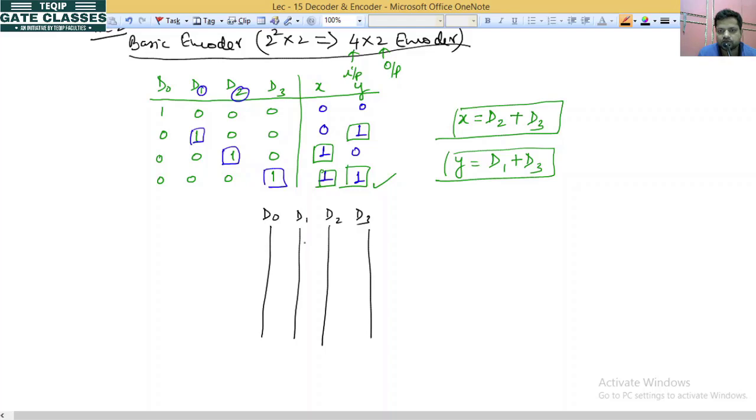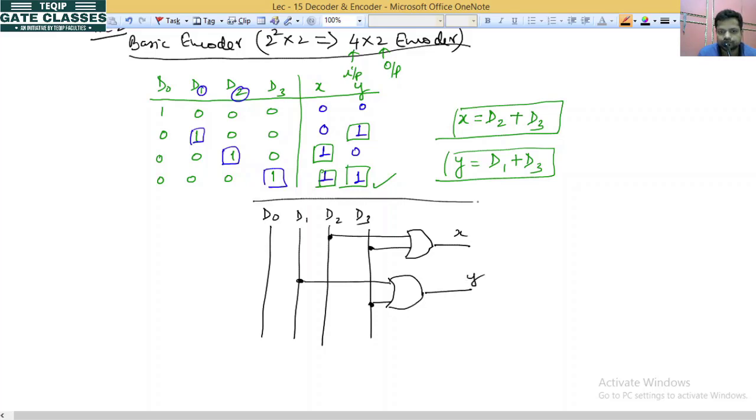Now we want x, so to get x you have to place one OR gate between D2 and D3, and its output is x. Now to get y, we have D1 plus D3, so D1 is from here and D3 from here. Now we apply an OR gate in between, which will give y. This is the circuit diagram for the 4x2 encoder.